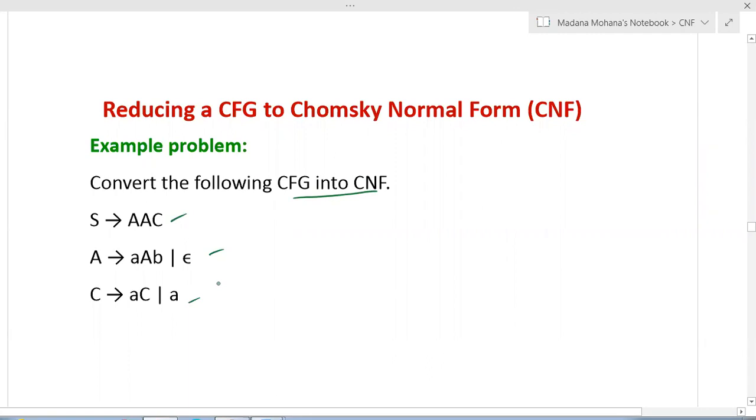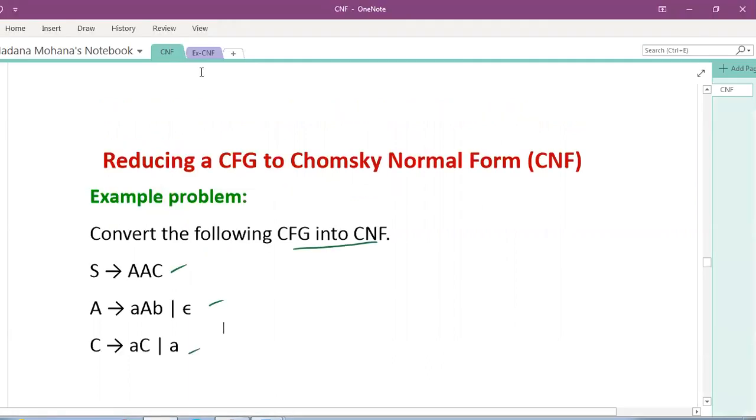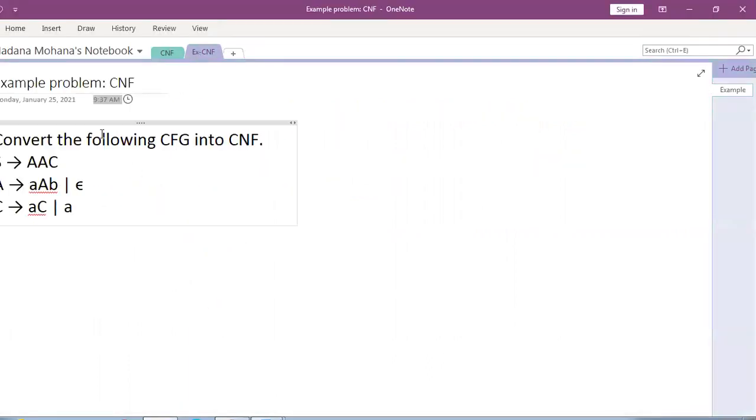Now we can solve this problem live. So in parallel, all of you start doing this problem. As per the procedure to convert a given grammar into Chomsky normal form, we have to follow the 4 steps mentioned in the procedure. So now step 1, what is step 1?